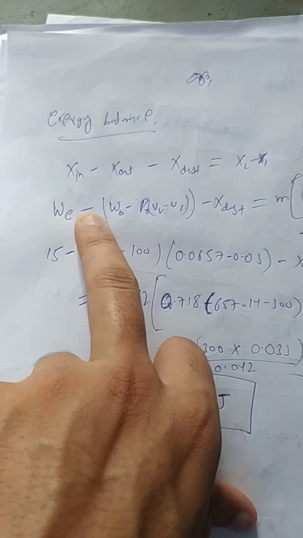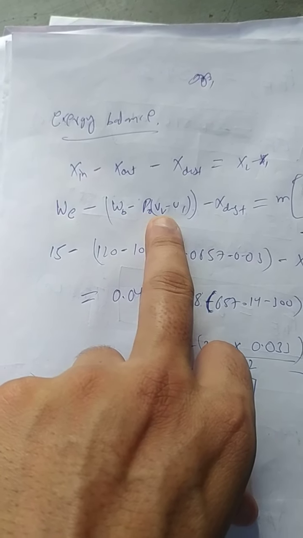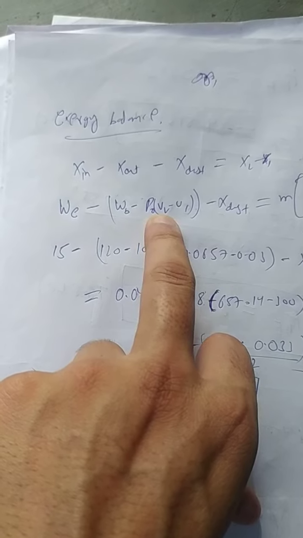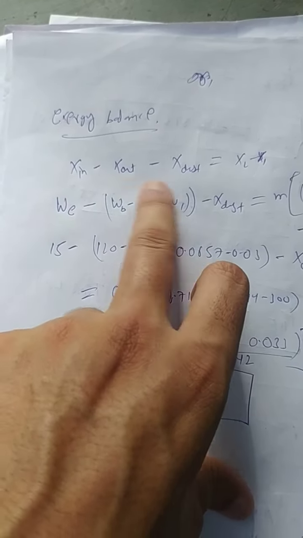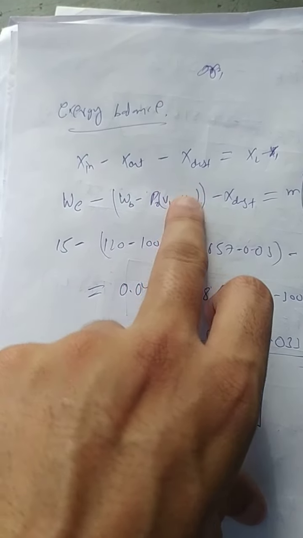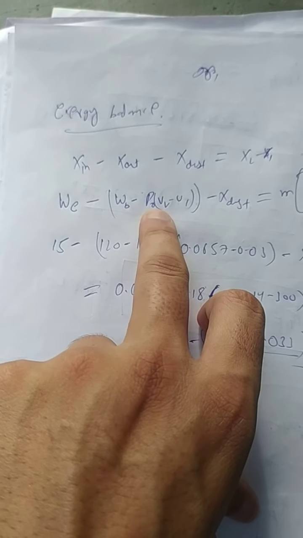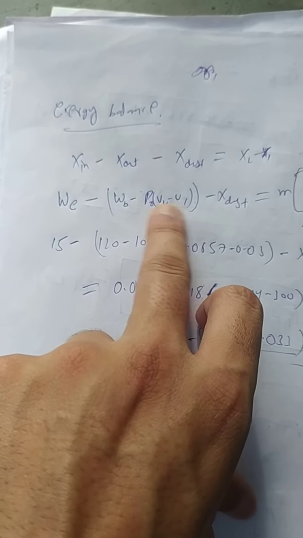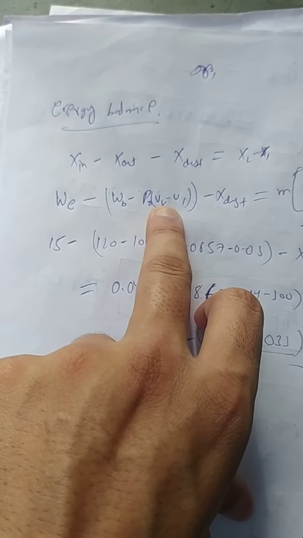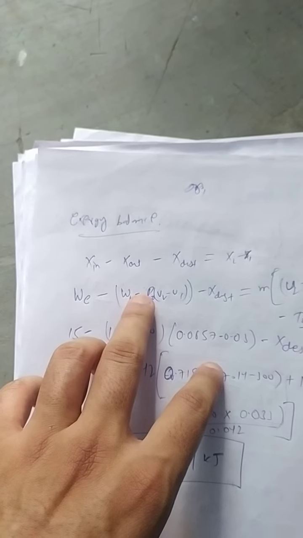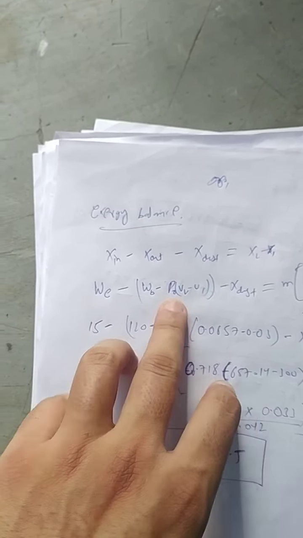Exergy out would be boundary work minus P naught into V2 minus V1, which is the work required to push the surroundings. This whole term is the total useful work output. Because some of the boundary work is required to push the surroundings, we have to subtract it. So boundary work minus P naught into V2 minus V1 gives the useful work.